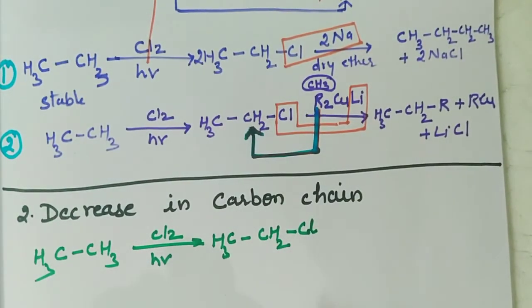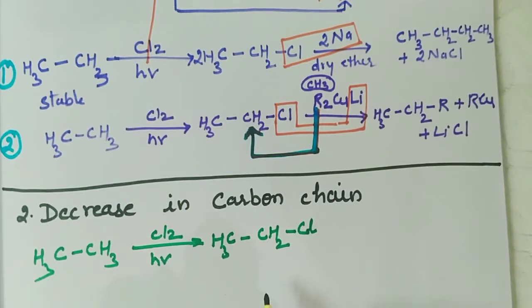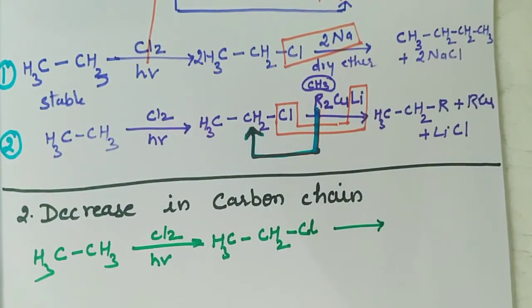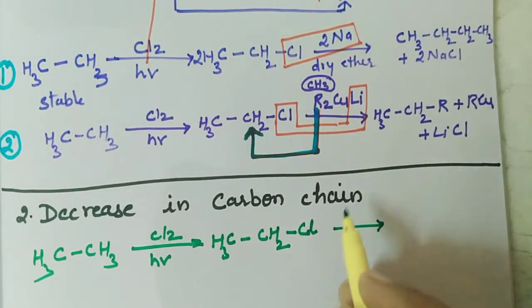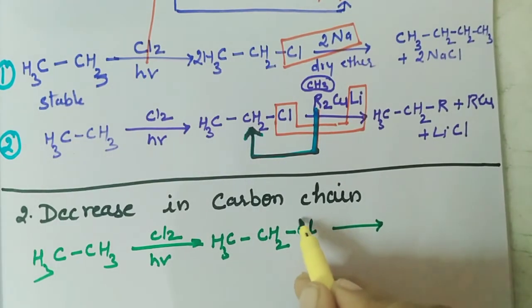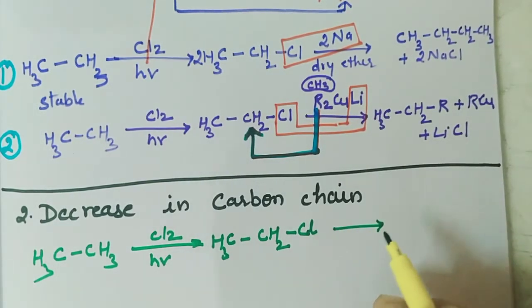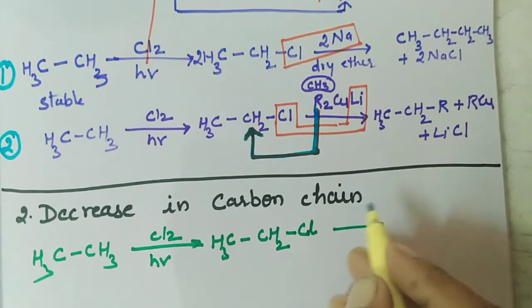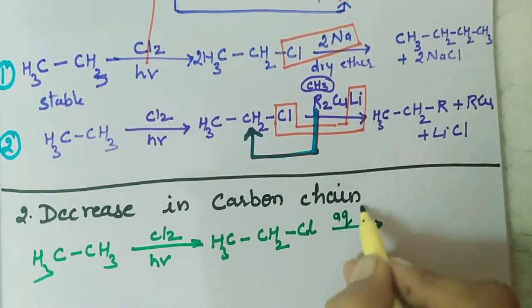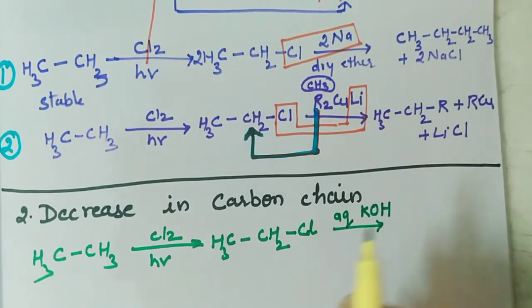For this we will be doing halogenation. इस halogenation को करने के बाद now see, as I have told you in my earlier video, part 1, that whenever we have to do any substitution, हमको यहाँ पर इस Cl को हटाकर कुछ और compound ऐड करना है.